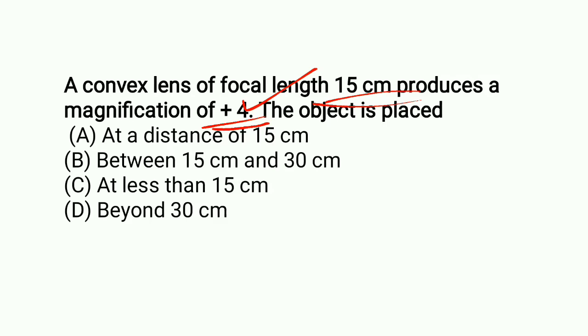So when the convex lens produces a virtual and erect image, the object has been kept between the optic center and the focus. Here the focal length is 15 centimeter, so the object distance should be less than 15 centimeter. If you keep the object there, you will get the magnification +4. So here option C, less than 15 centimeter, is the correct answer.